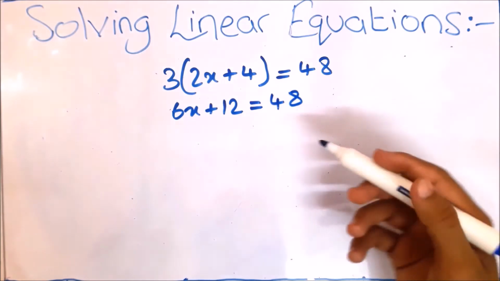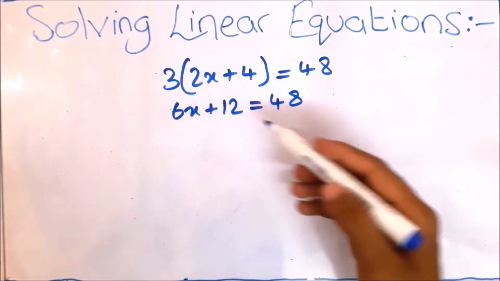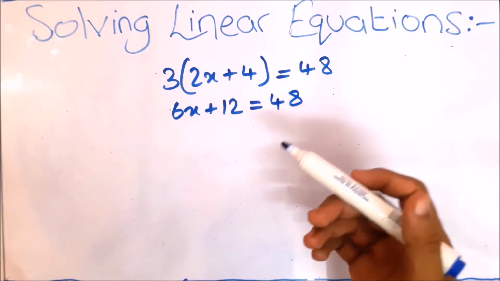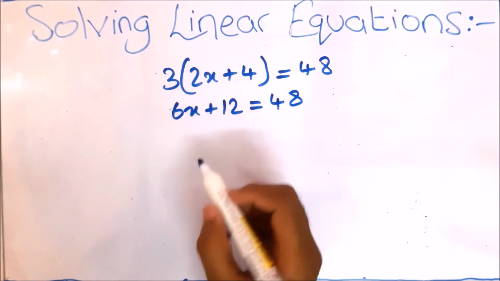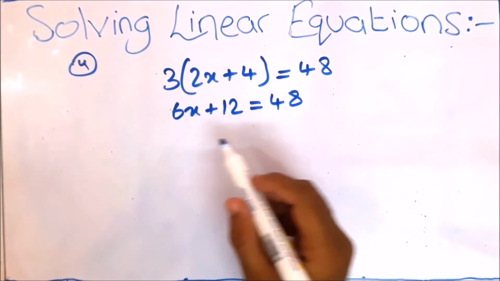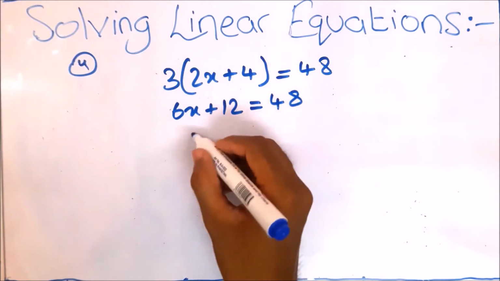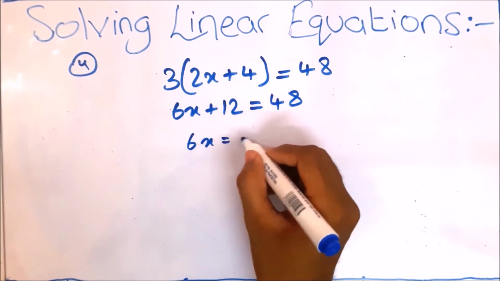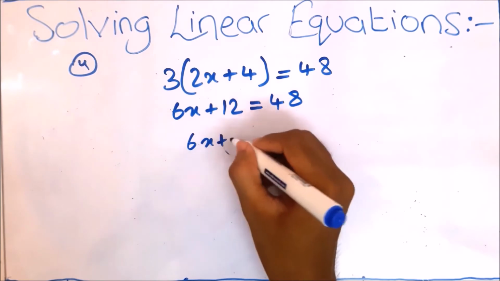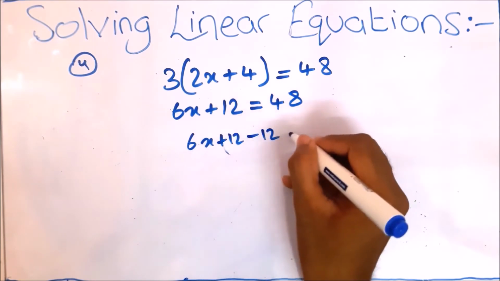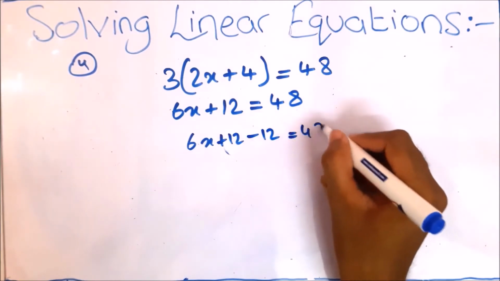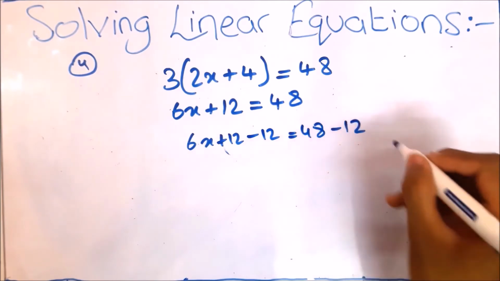Now we are left with an expression just like the second example we did. This is the fourth example. So here we just subtract 12 on both sides. 6x plus 12 minus 12 is equal to 48 minus 12.